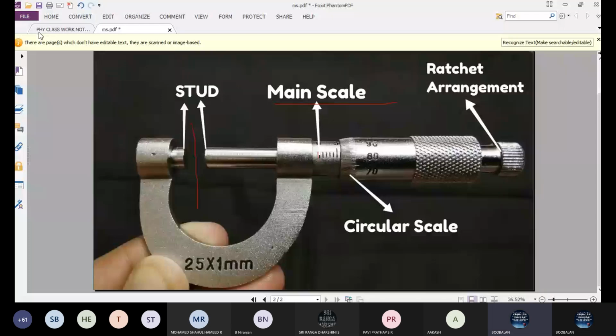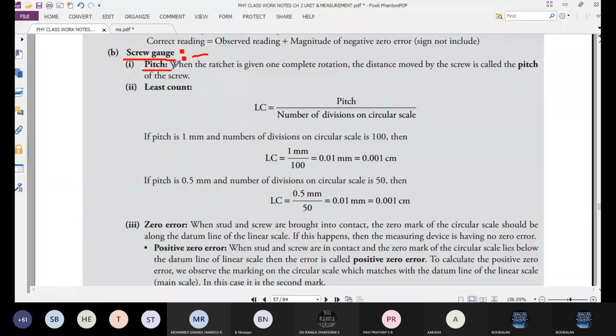The first one, page. The distance moved by the screw is called pitch.